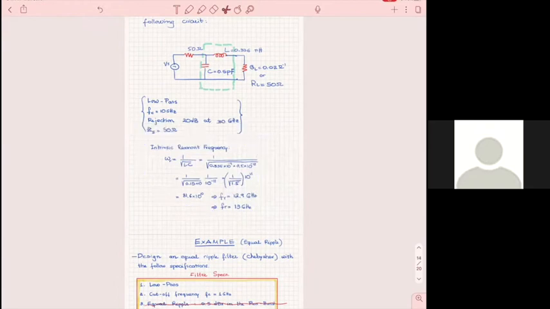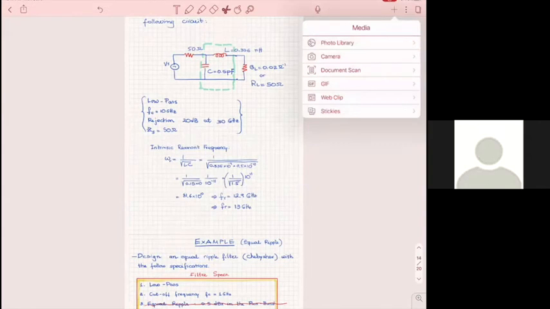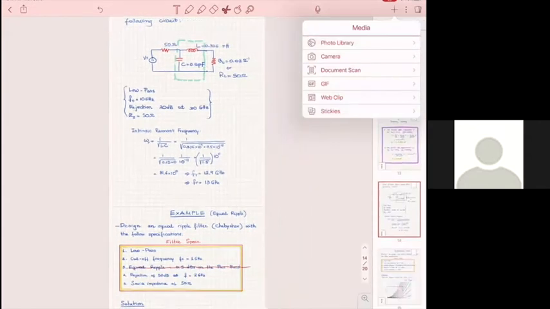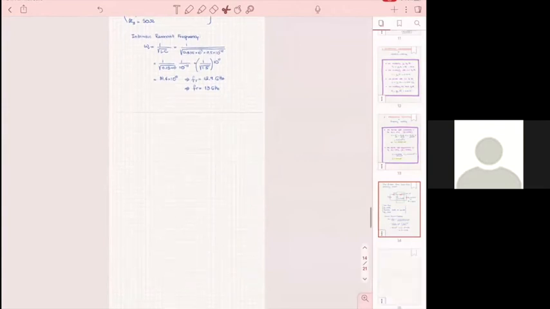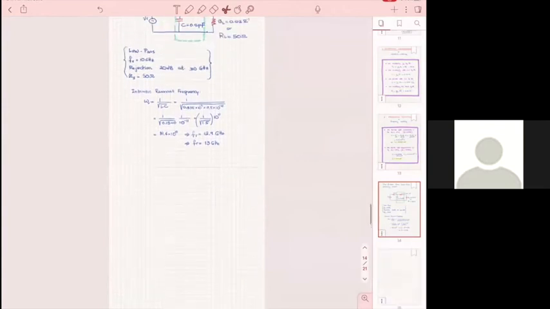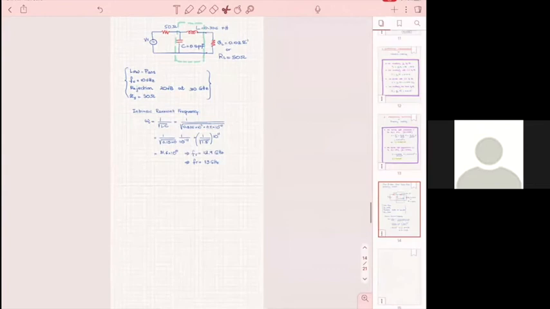So how is this going to look if I add one more page here? Add a page. Then what happens at resonance? Let's also see what happens at resonance.